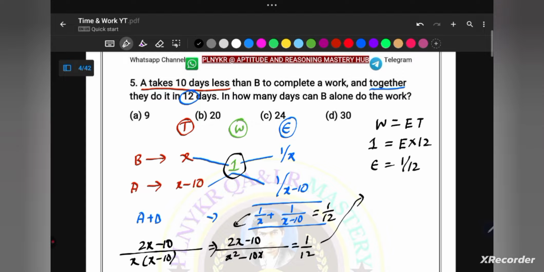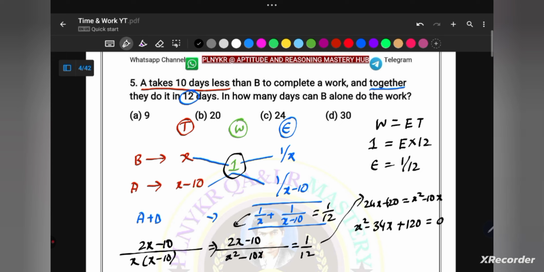Now if we solve this, 24x minus 120 will be equal to x square minus 10x. So the next step, x square minus 10x, sorry, it will be minus 24x, so it will be total x square minus 34x plus 120 equal to 0.